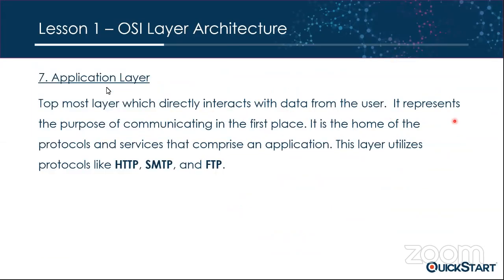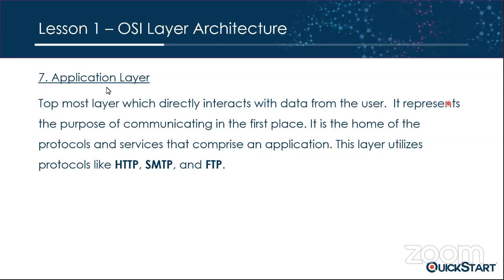All right, guys, application layer. As you see in the chart, it is the topmost layer, which directly interacts with the user. It represents the purpose of communicating in the first place, and I'd say it's the home of protocols and services that comprise an application.